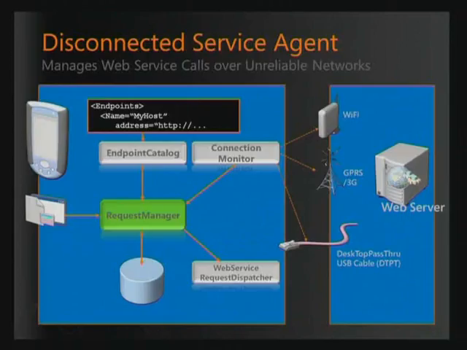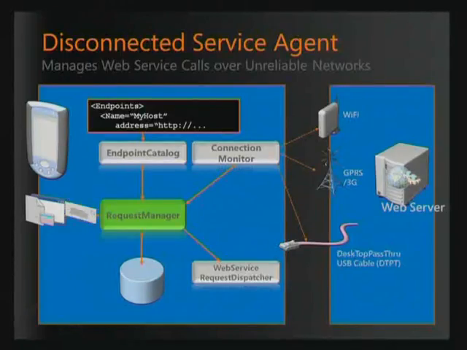When you initialize the request manager, you give it an instance of one of those connection monitor application block objects, so it can monitor the network. You give it an endpoint catalog instance, which tells it what URLs your web services are actually on. And it has infrastructure in there for a web service request dispatcher.